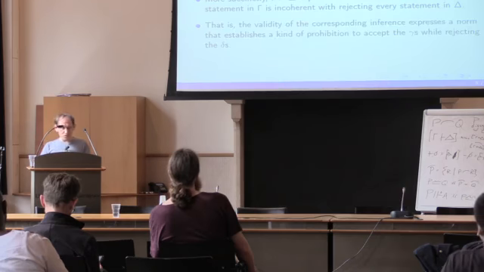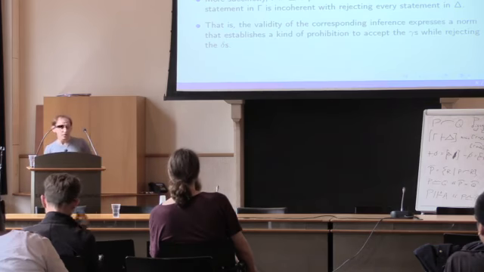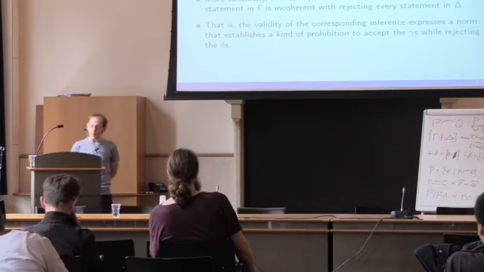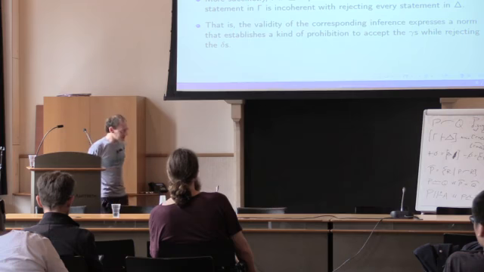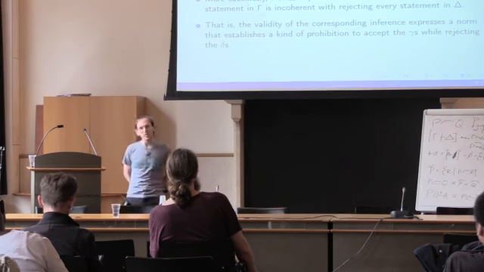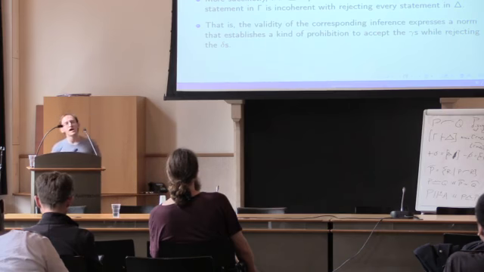Okay, so here the validity of the corresponding inference expresses some kind of norm that establishes a prohibition to accept the premises of the argument while rejecting the conclusions. It's important to see that this incoherence should be understood as a prohibition, because later on I'll equate invalidity with a dual kind of permission.